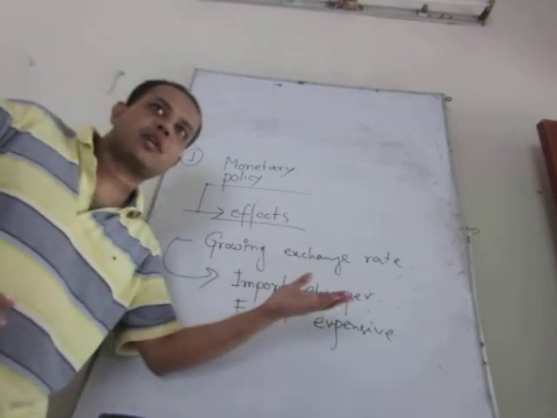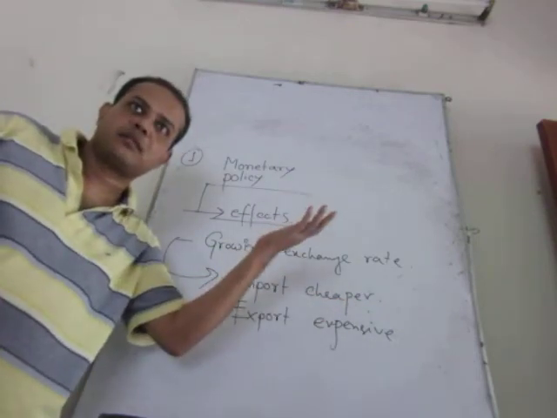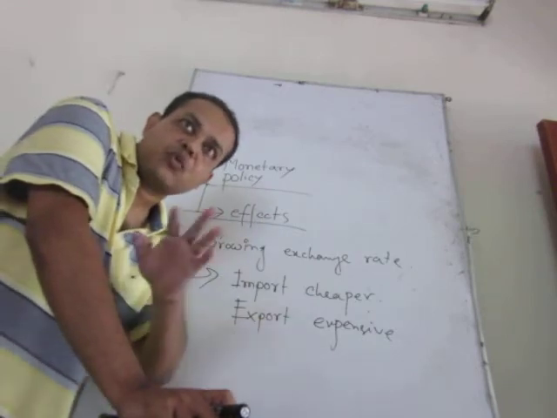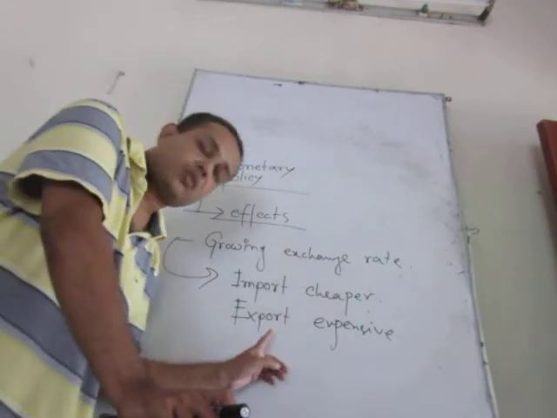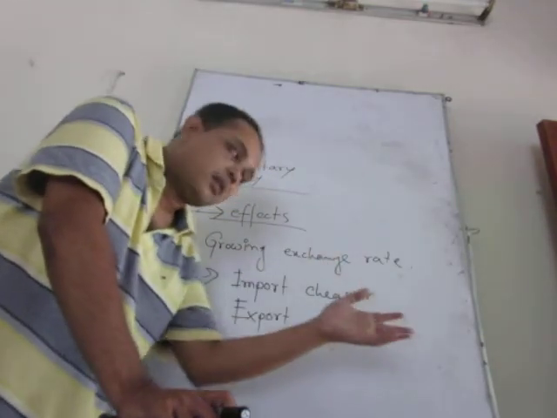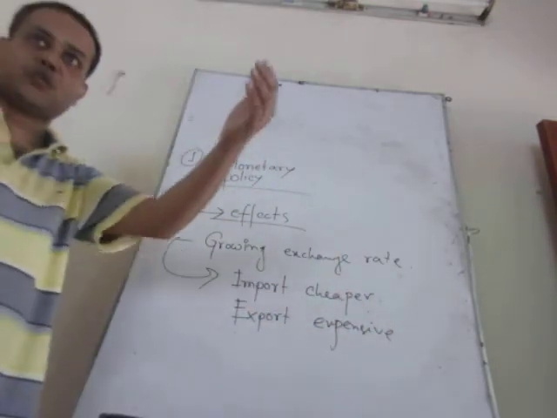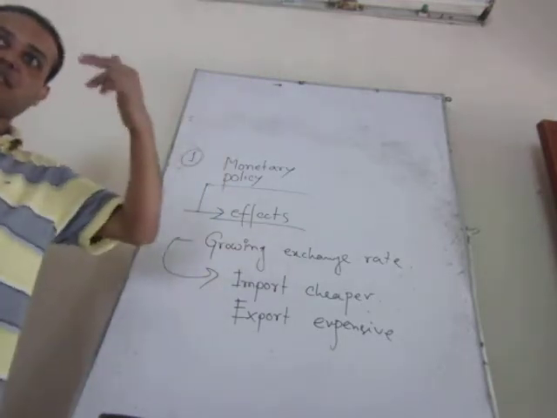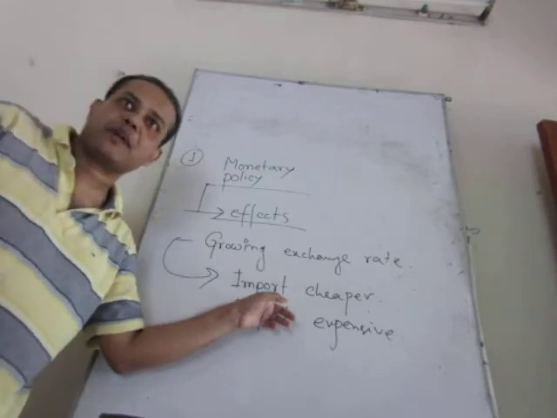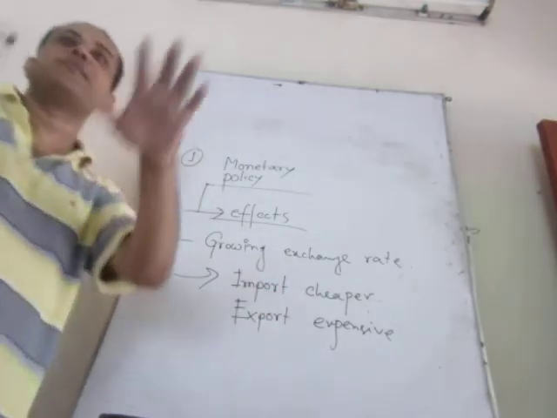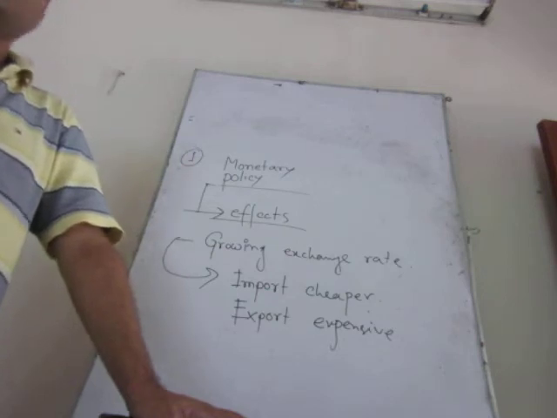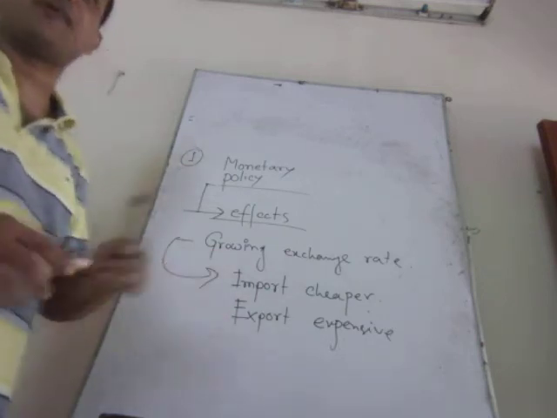As your currency's exchange rate is uppriced, it is normal that any goods you are exporting from your country will always be expensive in comparison to before. But when you are importing goods from other countries, as your currency is expensive and exchange rate is high, it is obvious that your import becomes cheaper. Clear? So it will create problems in balance of payments also. Clear? So these are the effects of monetary policy.